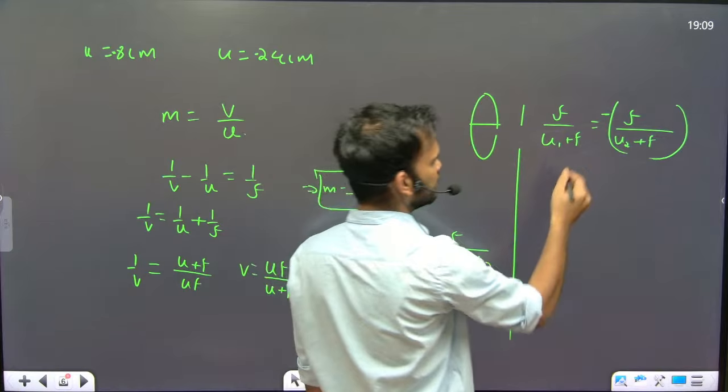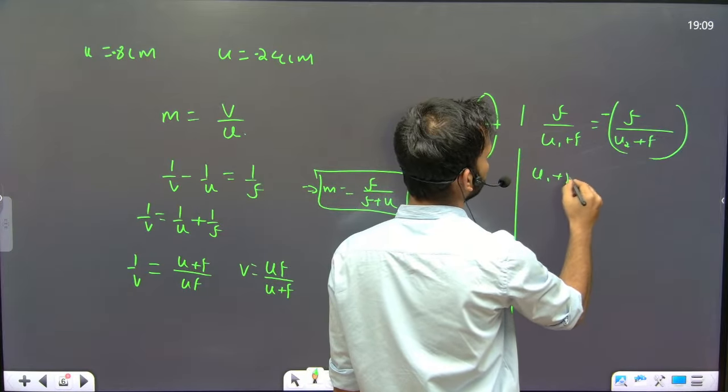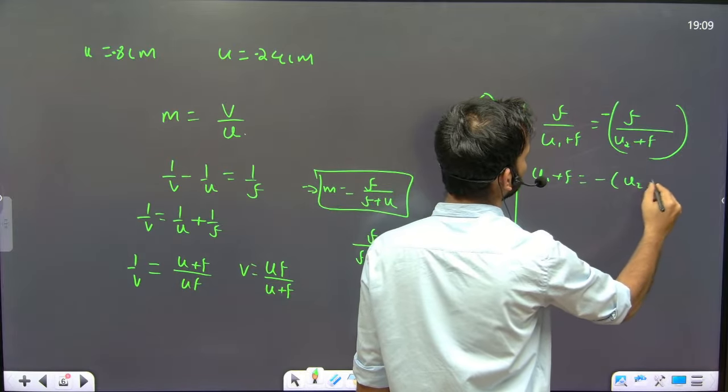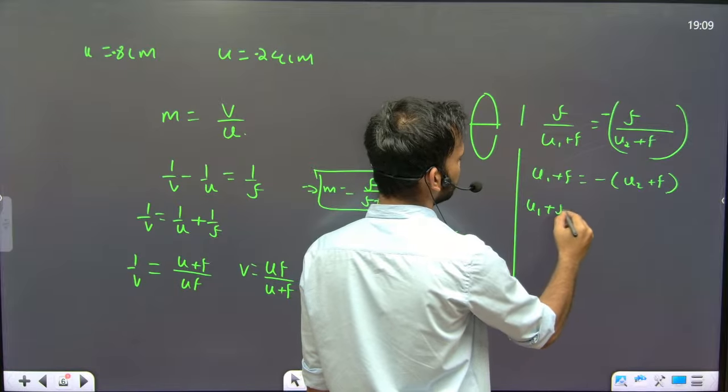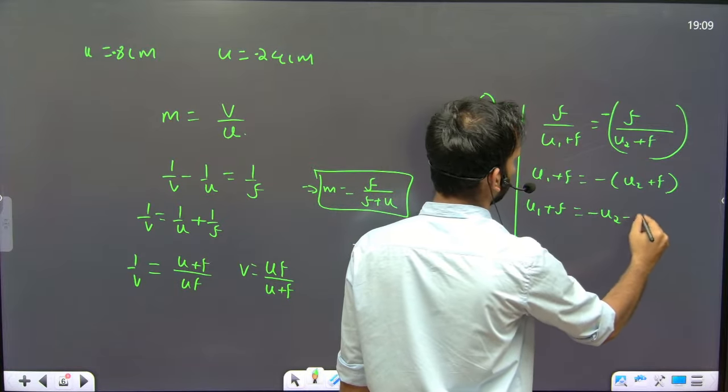So F and F get cancelled. We can write U1 plus F is equal to minus of U2 plus F. So we can write here U1 plus F is equal to minus U2 minus F.